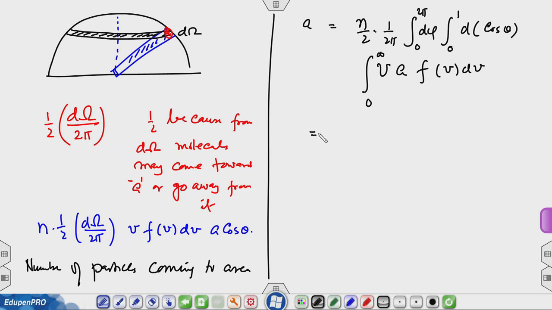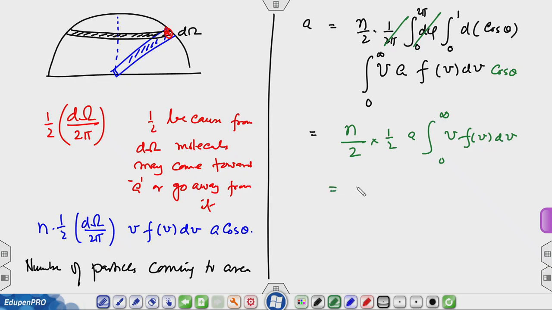So this is equal to n by 2, because this 2 pi cancels with this, and there was a cosine theta here also. The integral of cosine theta d cosine theta from 0 to 1 gives you another half, times the integral of v f(v) dv, 0 to infinity.